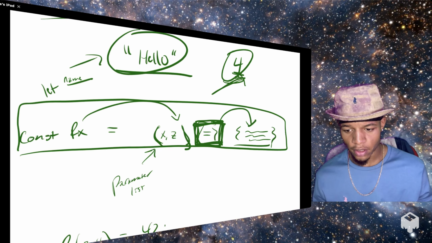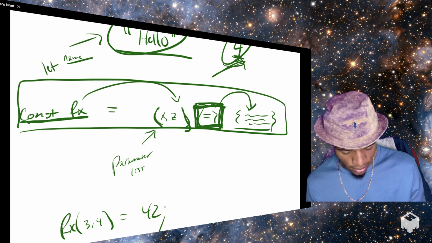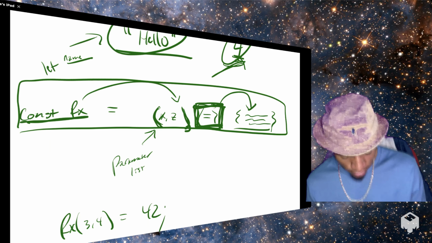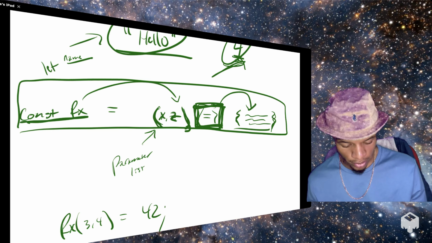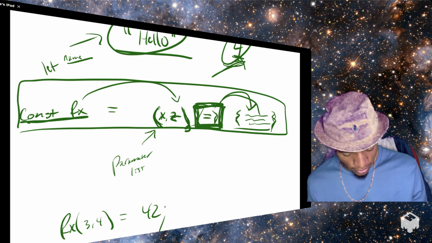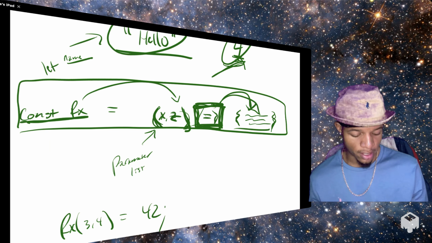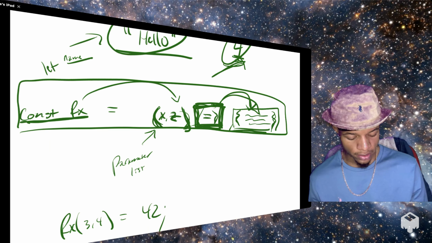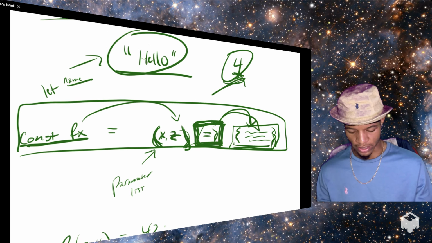Yeah. All right, yep. So what I did was I said const f of x equals that anonymous function that I just drew. And remember that the anonymous function, that's this arrow, that's going to say that this parameter list gets inserted into this list of commands. Okay. And that's pretty much it.